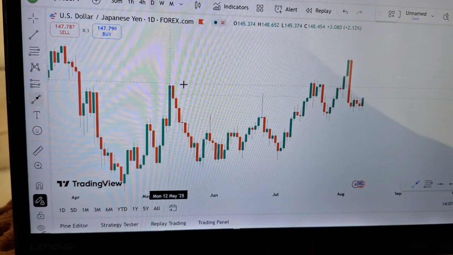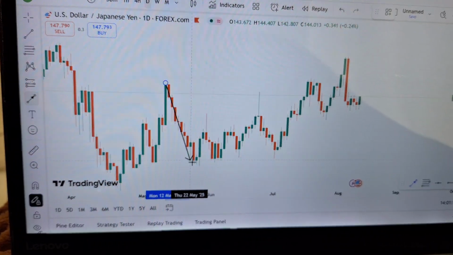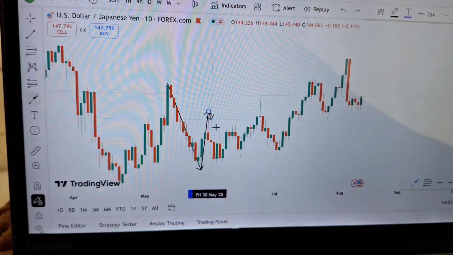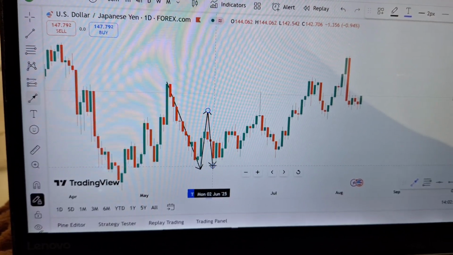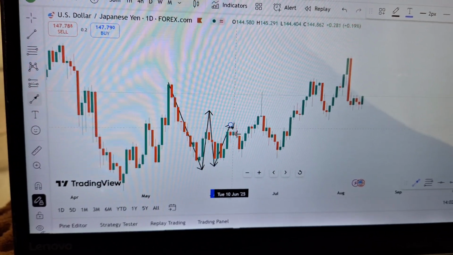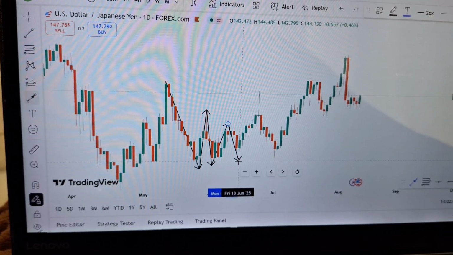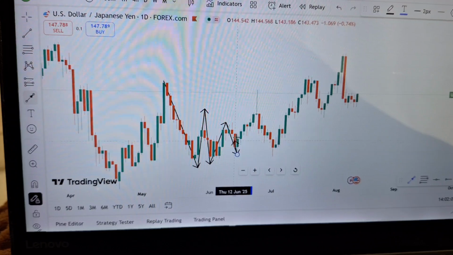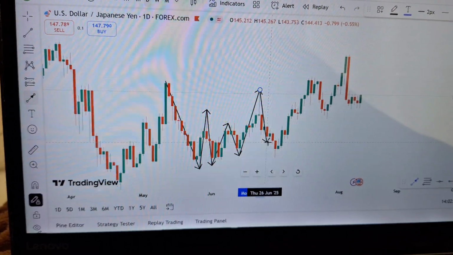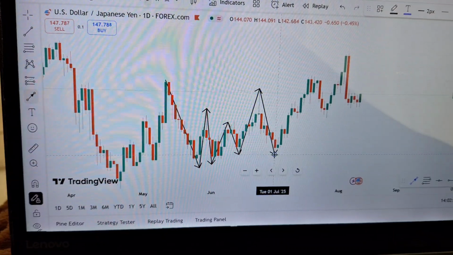We draw an arrow from the highest point to the lowest point, from the lowest point to the highest point, and as we continue on, we are going to draw arrows from the highest tipping point, ignoring the insignificant momentums, following the biggest momentum.